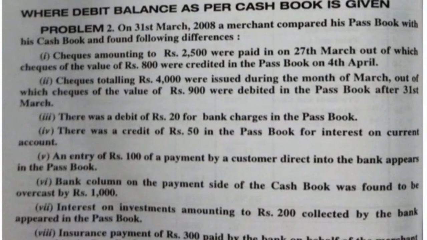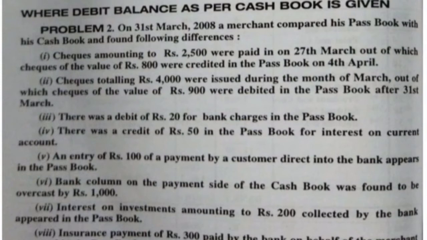Here they gave the debit balance as per cash book 7579, a favorable balance. So in this question, we need to see whether the passbook is showing increased balance or decreased balance. Accordingly, we will make the adjustments.